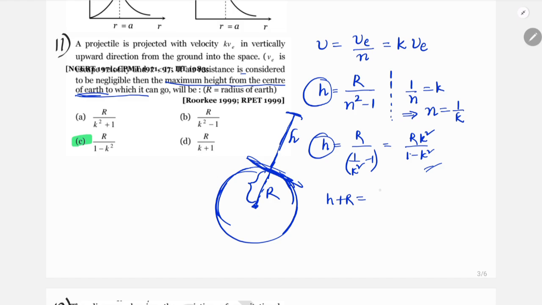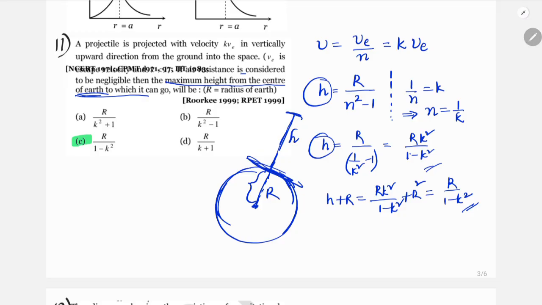H you already calculated, r k square by 1 minus k square, plus r. Now if you solve this, you will get r by 1 minus k square. Remember that.